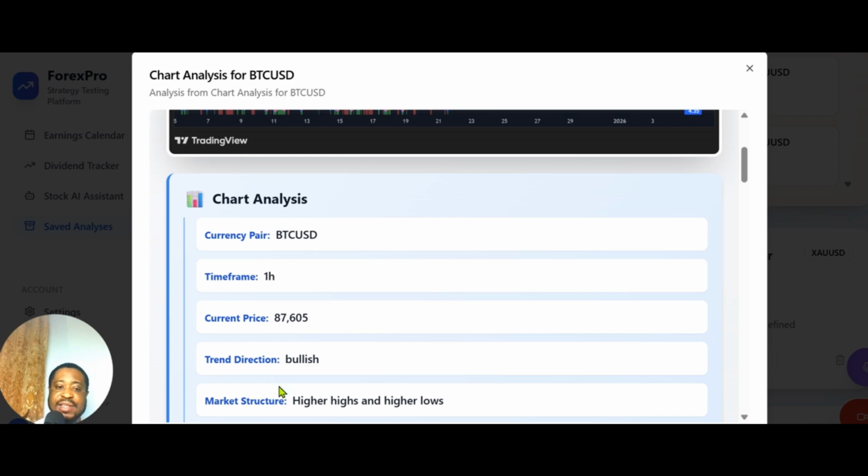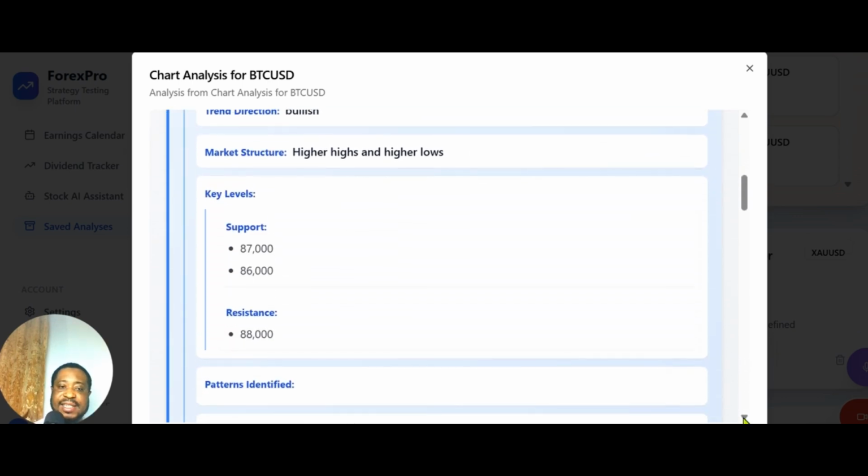The trend was bullish, and the market structure was higher highs and higher lows. And these are the key levels it was looking at. It was looking at support key levels at 87,000 and 86,000, and the resistance was 88,000.